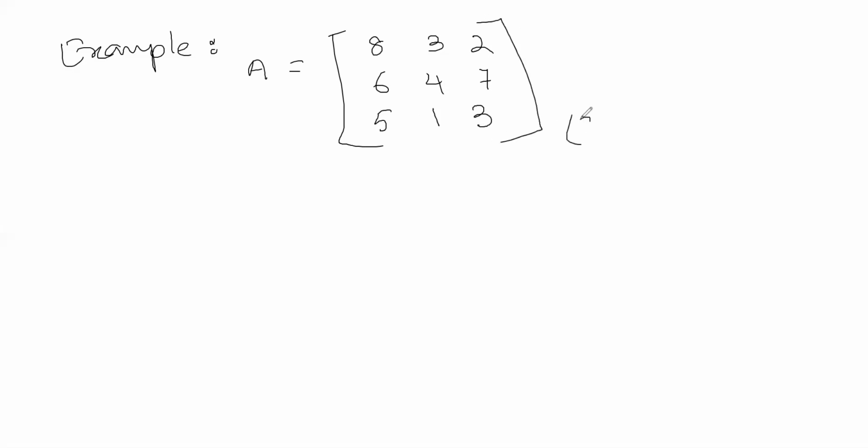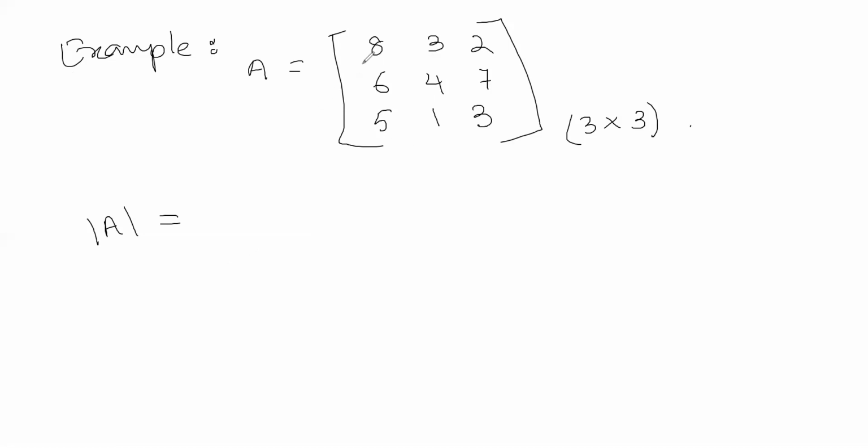Given this matrix, we can identify that this is a 3 by 3 matrix. Now, when it's a 3 by 3 matrix, we cannot just simply apply the formula like product of the elements of the principal diagonal minus product of the elements of the off principal diagonal. Rather, there is a technique of identifying the determinant of a 3 by 3 matrix.